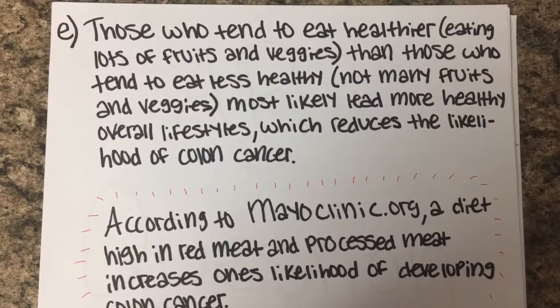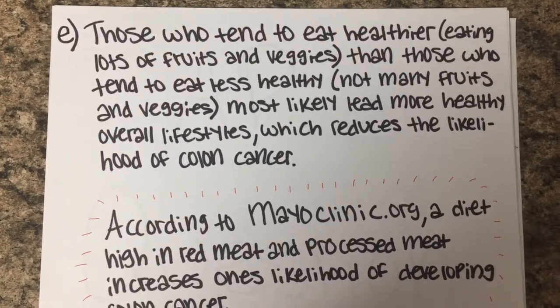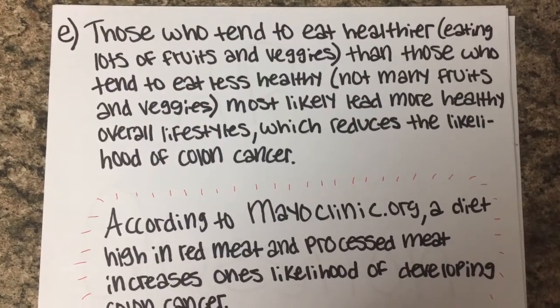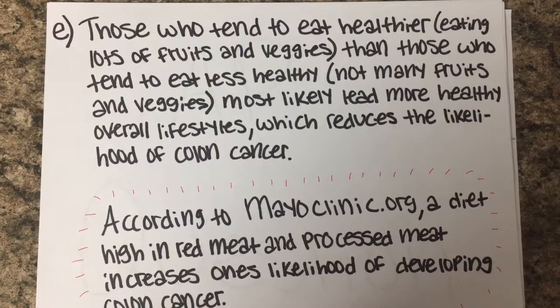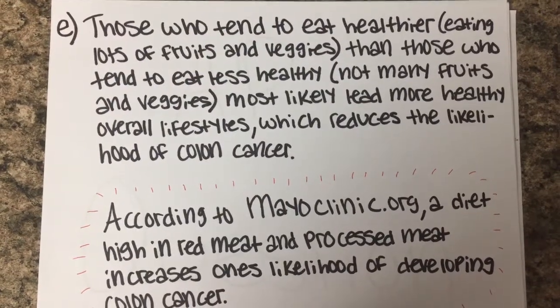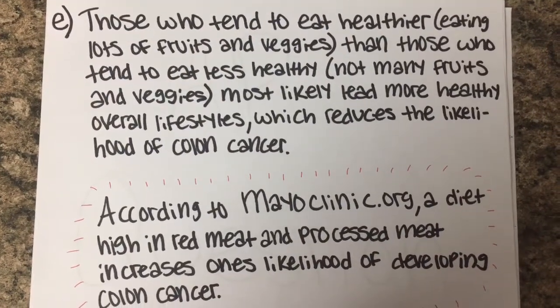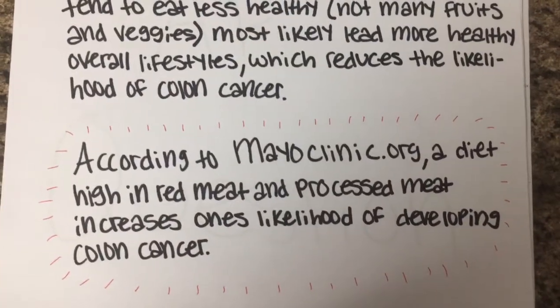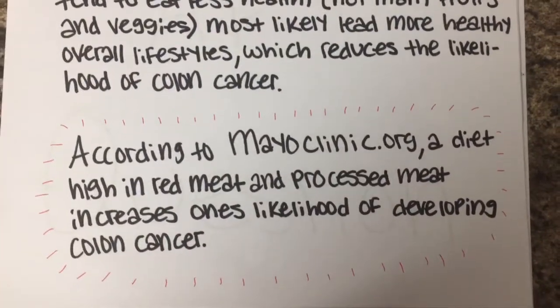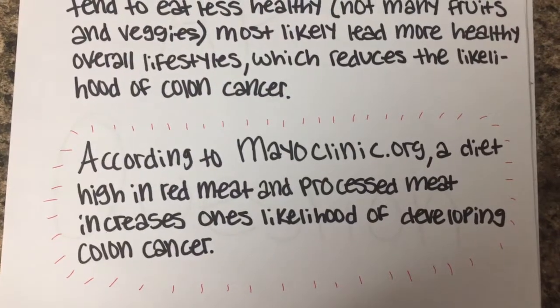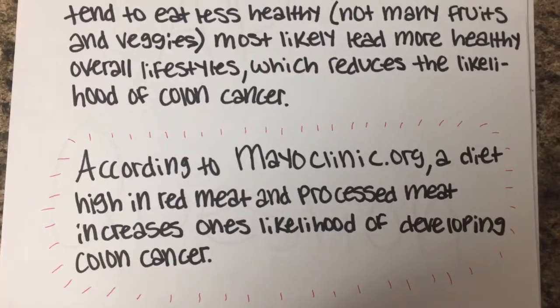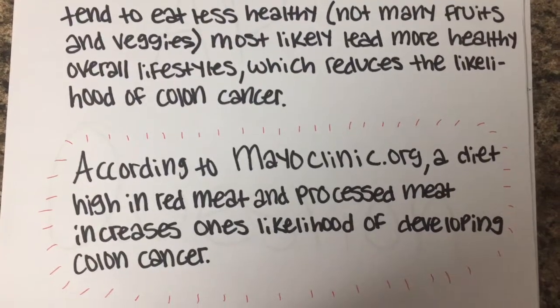So those who eat vegetables probably are the ones exercising, drinking enough water, really treating their bodies well. And that would reduce the likeliness of colon cancer because I looked it up. And according to mayoclinic.org, so it's .org, so you can trust it, a diet high in red meat and processed meat actually increases the likelihood of developing colon cancer, as well as having a sedentary lifestyle.